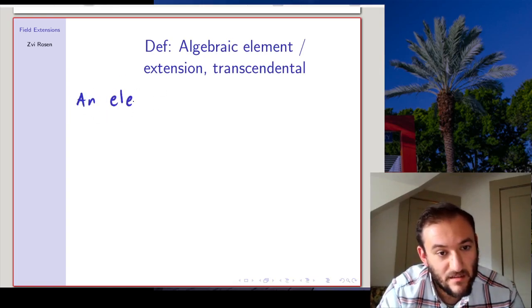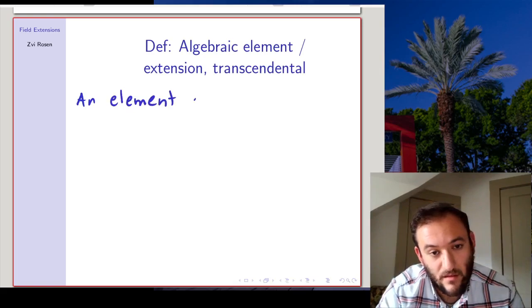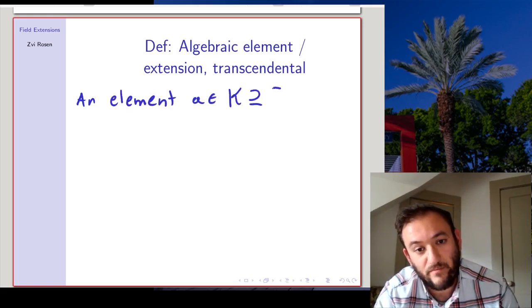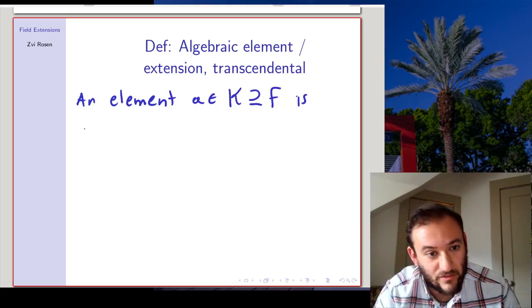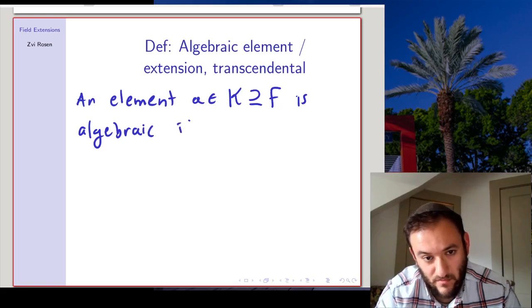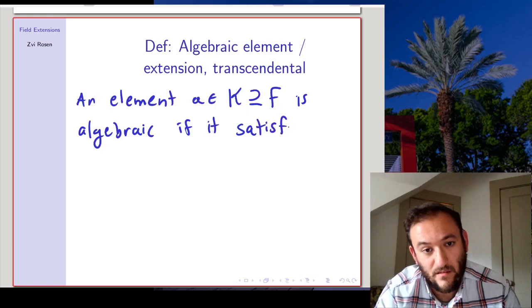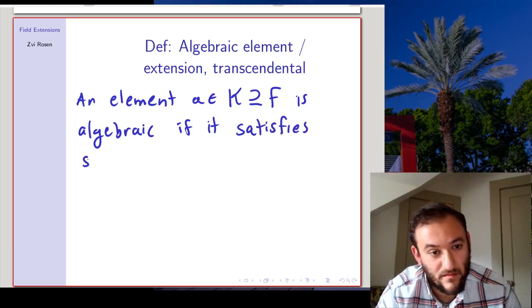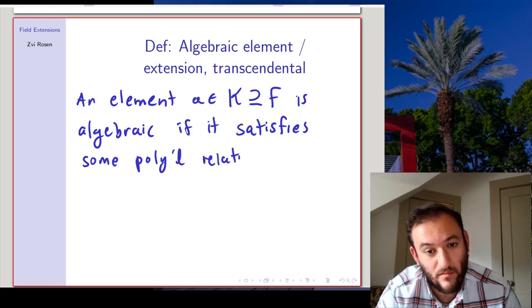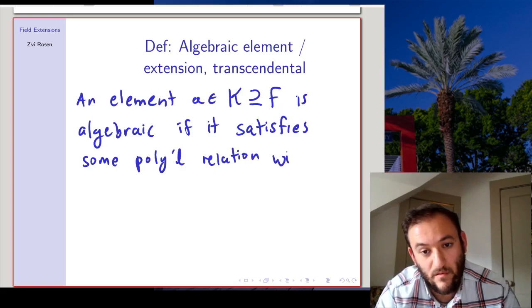An element a in the field extension K over F is algebraic if it satisfies some polynomial relation with coefficients in F.